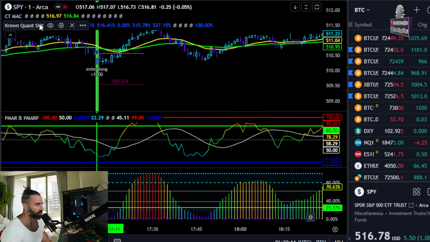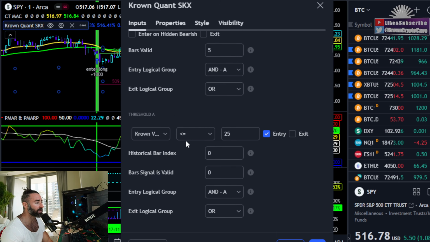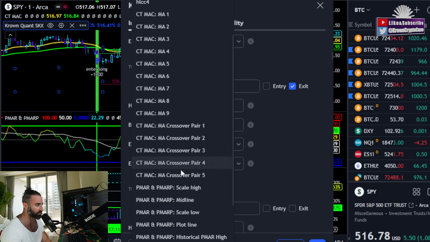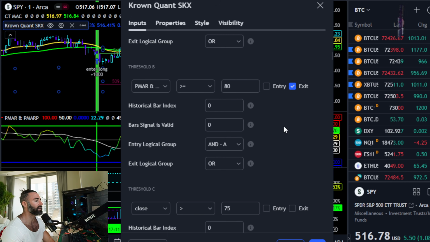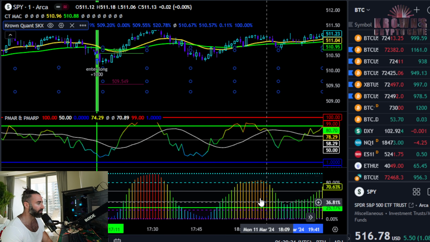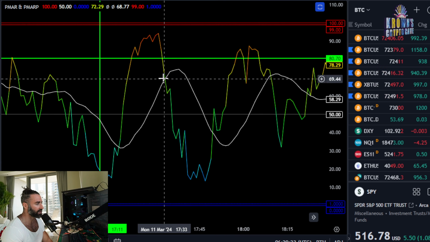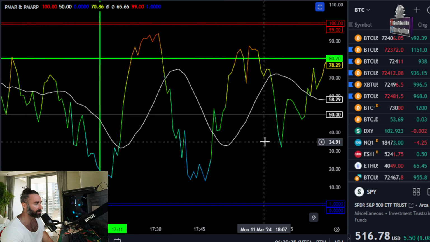Now, for take profit on this one, we want to see the PMARP signal line, not the plot line, but the signal line here, get above or equal to 80 percentile, which I have on this green bar right here. So that's the white moving average right here. That is what the signal line is.